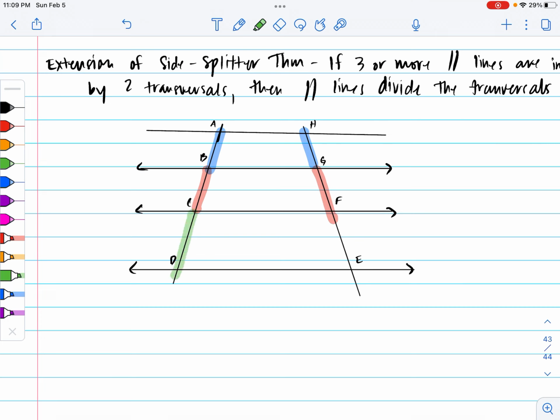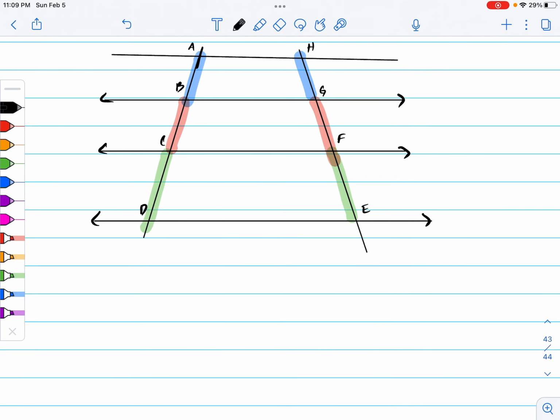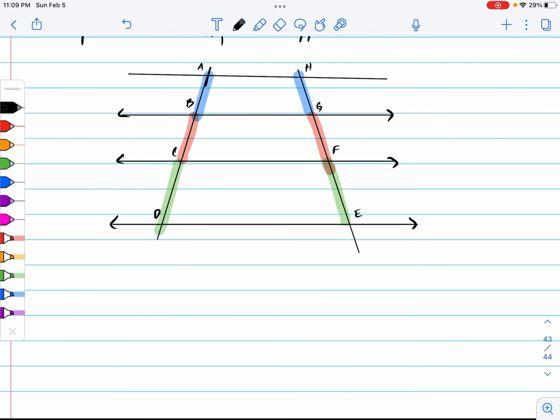Similarly, if you take green, BC is proportional to CD alongside GF being proportional to FE. So there's a lot of different proportions that happen here. So you could say a whole bunch of proportions here. Let's say AB is proportional to BC as HG is proportional to GF.